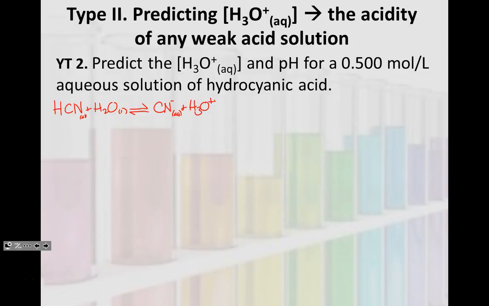And again, I'm trying to figure out that hydronium ion concentration. So if you can recognize that as soon as I'm figuring out that hydronium ion concentration, I'm either going to have to use the quadratic formula or the other formula, which looks like this, Ka times HA. You really don't even need to use an ice table, because if I use an ice table, it's not really getting me anywhere for this.